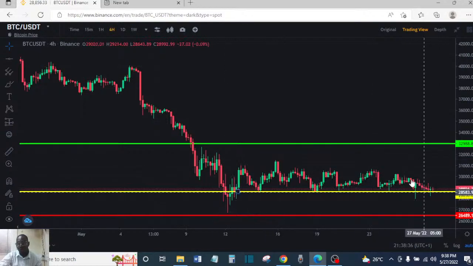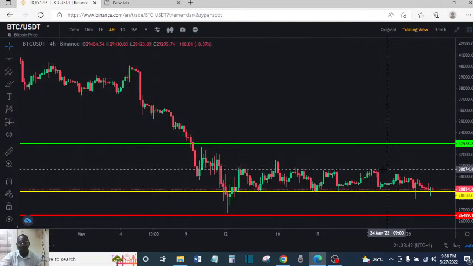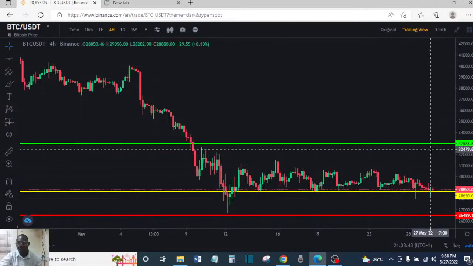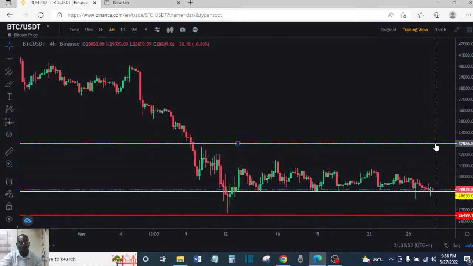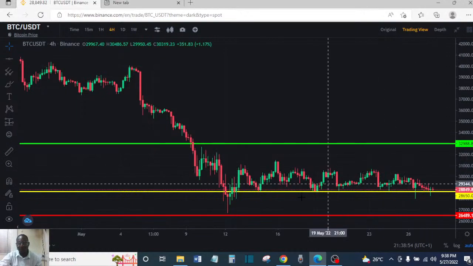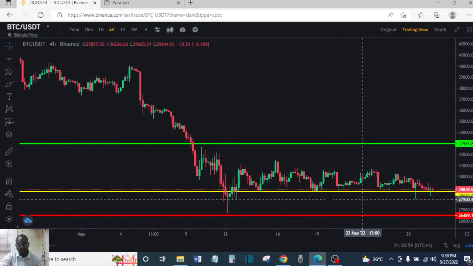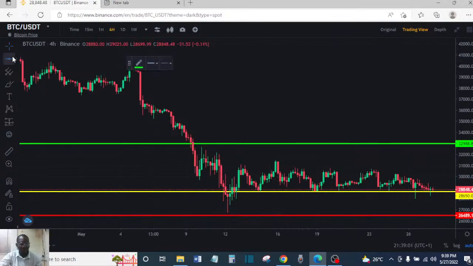But for now, this price action should be able to take us to the upside, to clear this point and give us a quick profit into $33,000. So you can see that gradually they are creating another.